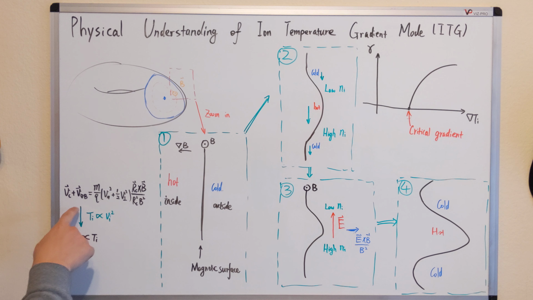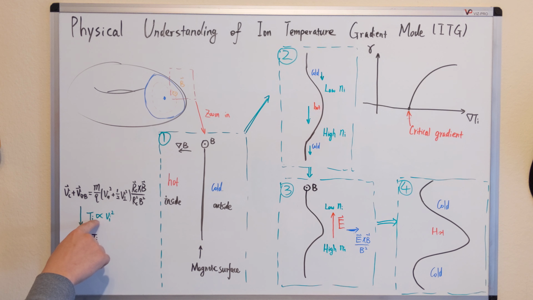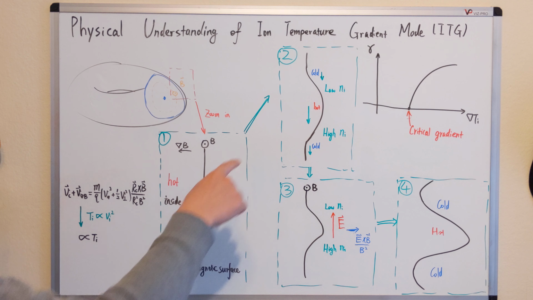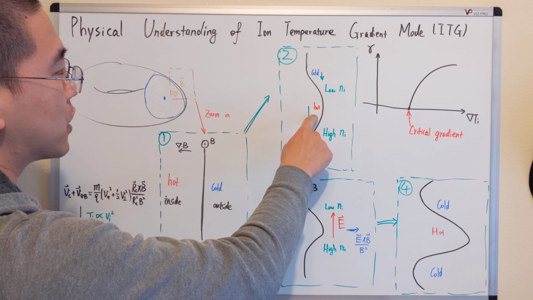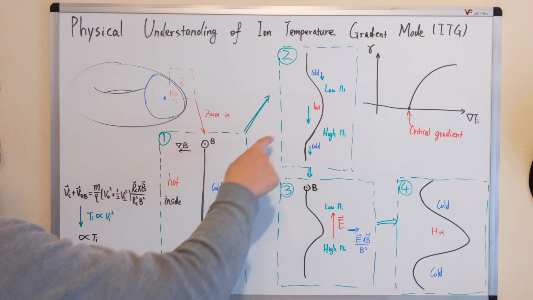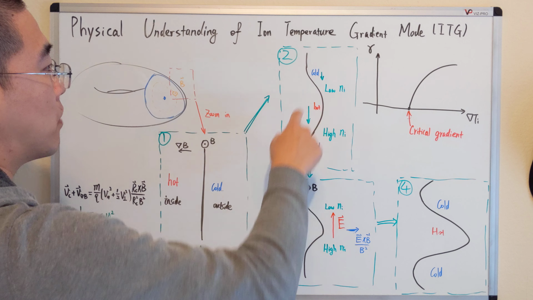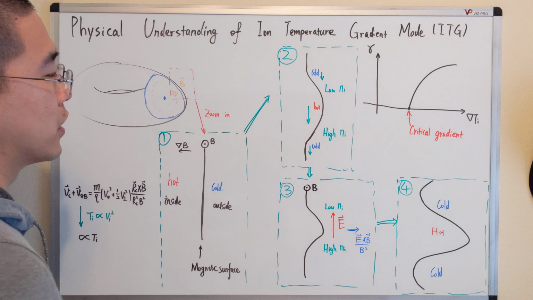Based on the curvature drift, with a formula like this, since Ti is proportional to Vi square, this drift is proportional to temperature. In other words, if we have a hotter temperature, then we have a larger drift, and on the other hand, the colder temperature will have a lower drift.